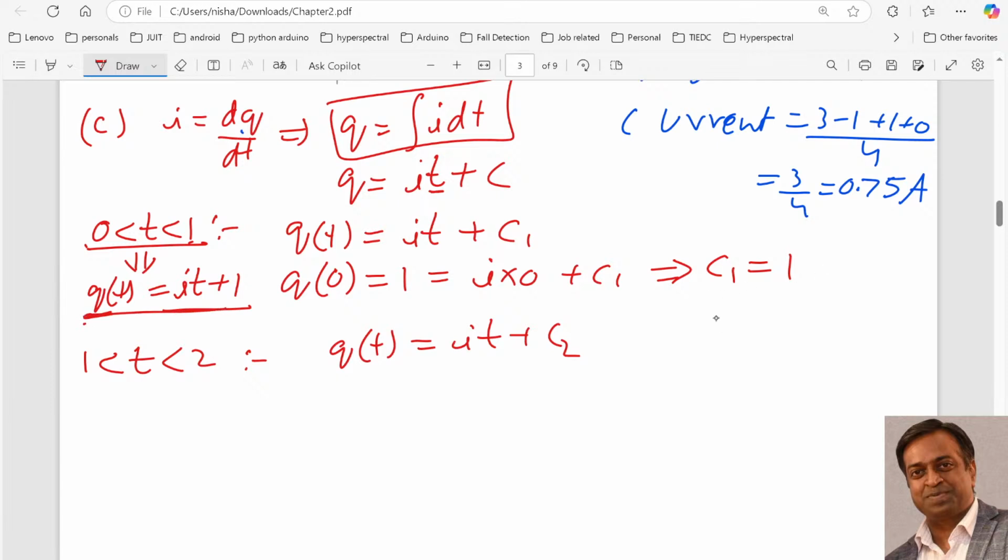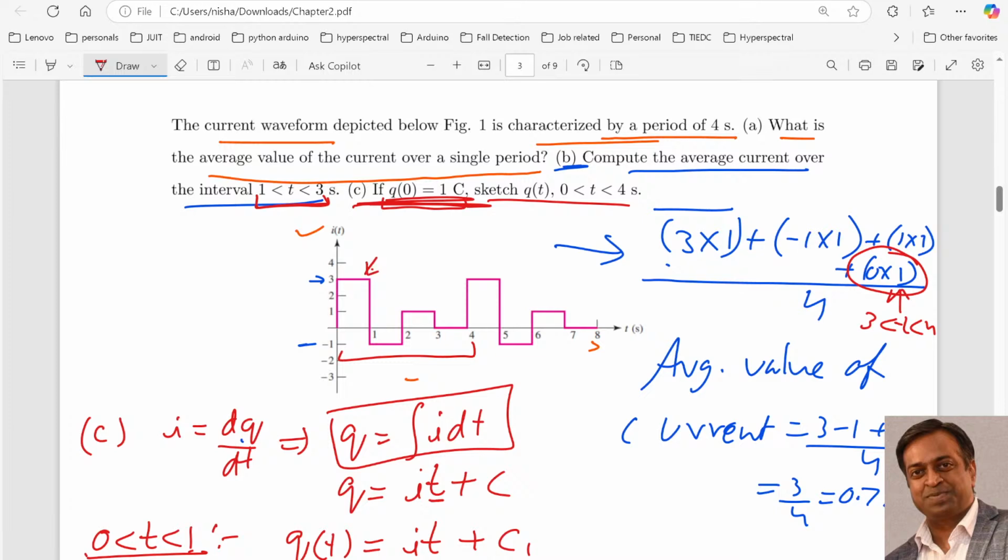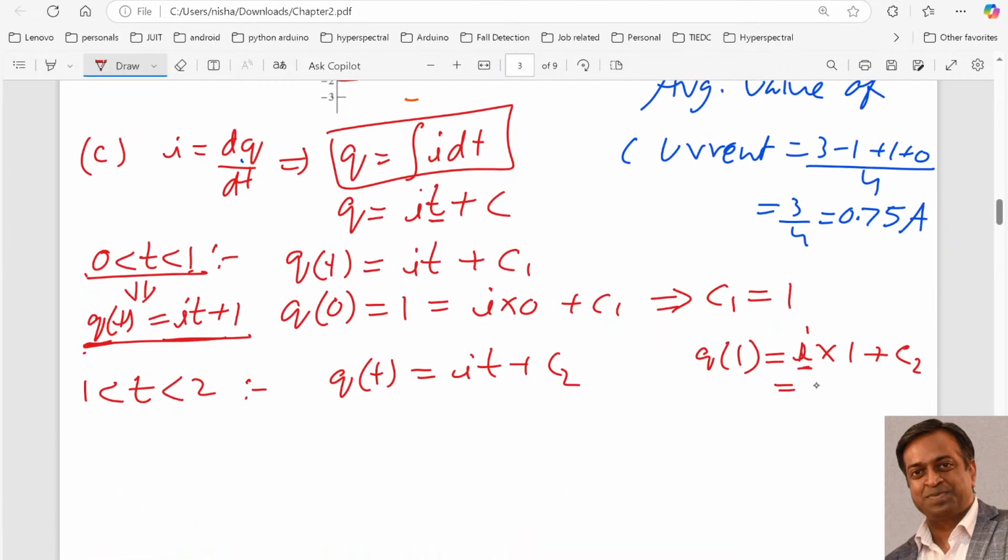So q1 equals 1 into i plus c2. If we look at the graph, at t equals 1, i is 3, so this will become 3 plus c2, and q1, sorry, it is not c2.